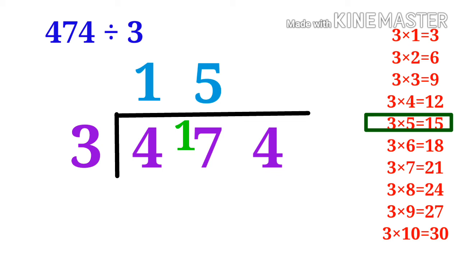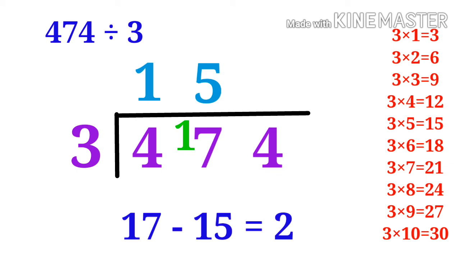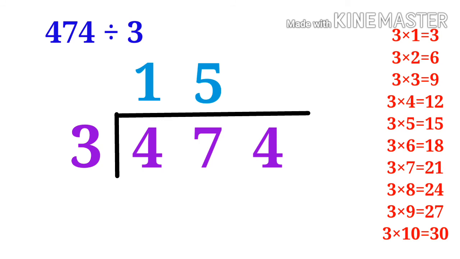5 times 3 is 15. Now, when we subtract 15 from 17, we get 2. So, we write the remainder 2 to the left of the next digit, that is 4. The next number to be divided becomes 24. We have to check how many 3's go in 24.